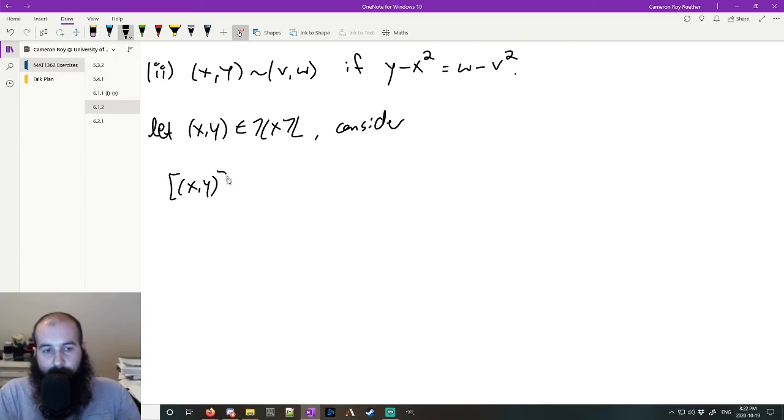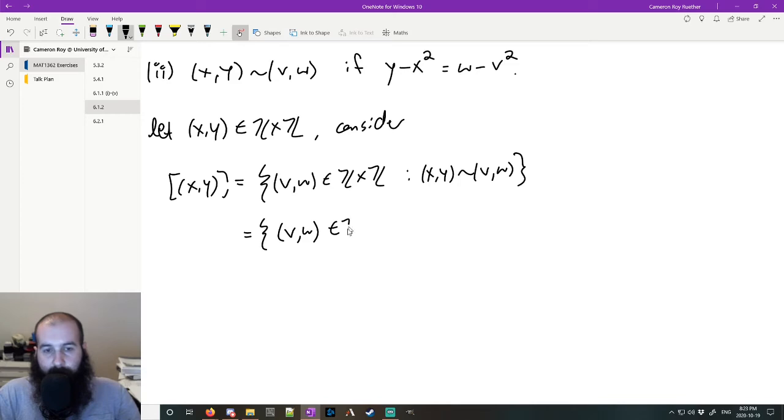Well, the class of xy is all of the other pairs vw such that xy is related to vw. This is the same set as all of the pairs in Z cross Z such that, expanding this condition, y minus x squared is equal to w minus v squared.